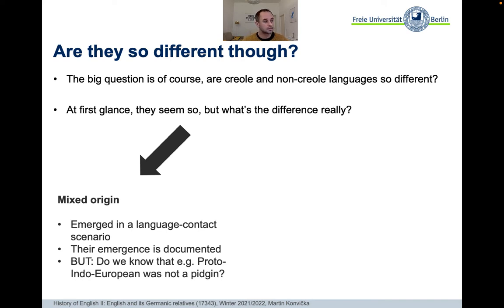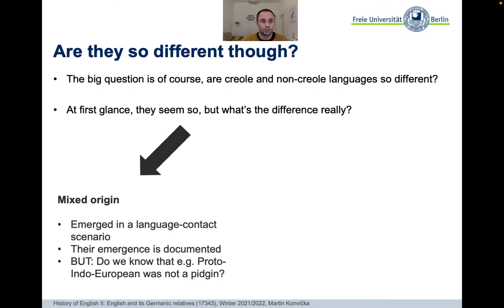It might as well be the case that Proto-Indo-European or other older, undocumented languages were also pidgin languages and Creole languages. But we simply do not have the evidence for that.